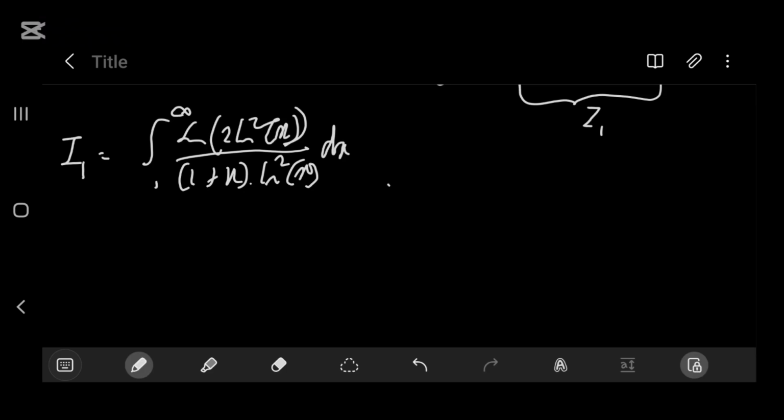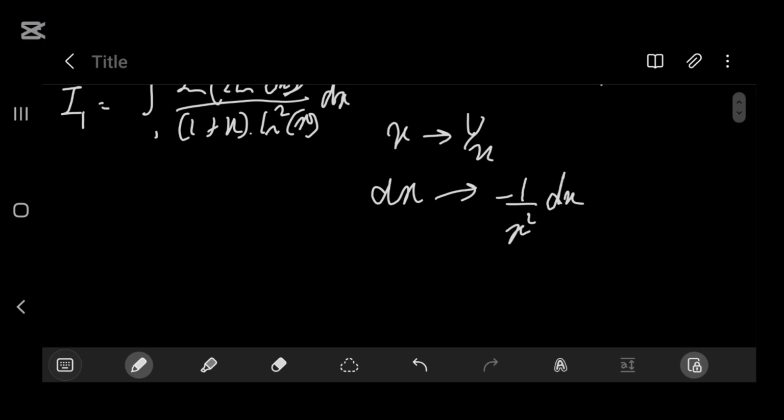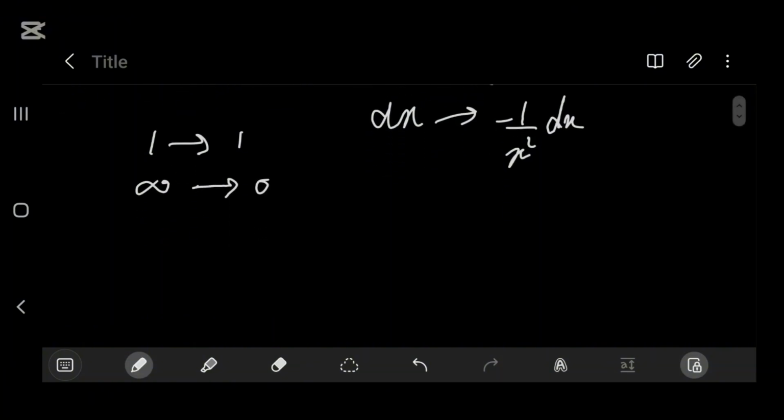Now if we substitute x goes to 1 over x, then dx becomes 1 over x² dx, and the boundaries become 1 to 1 and infinity to 0.